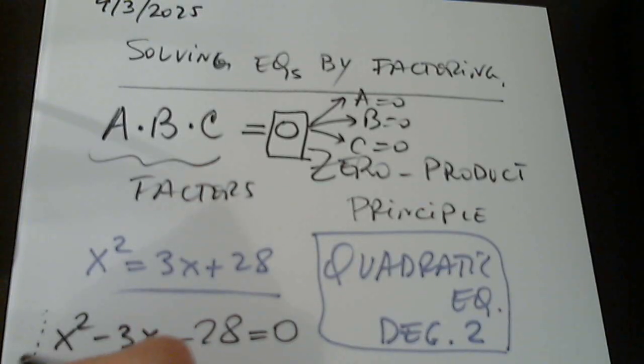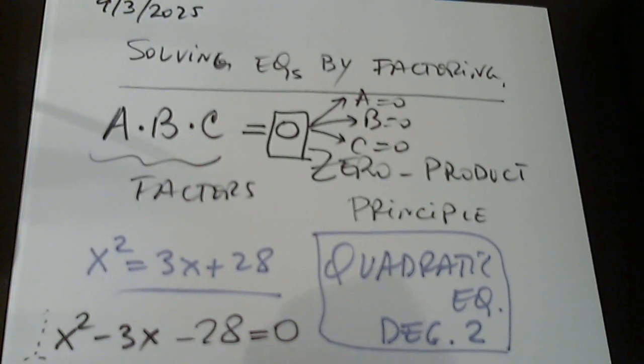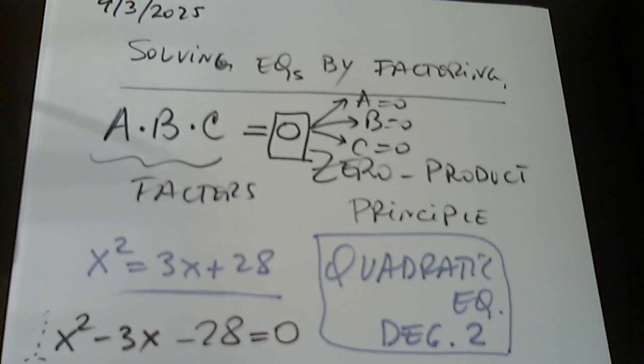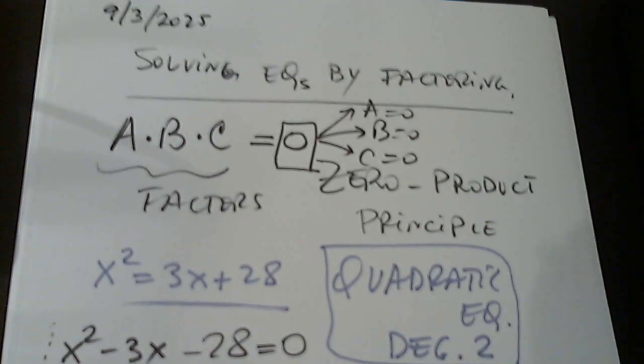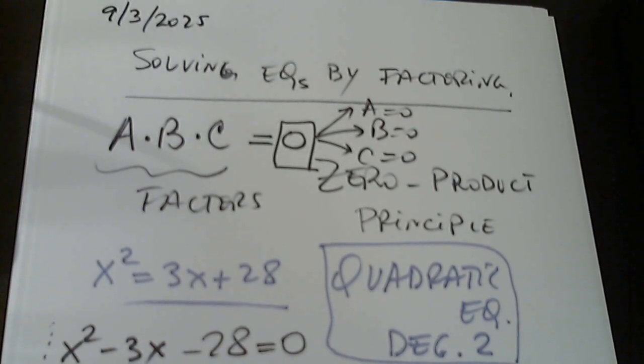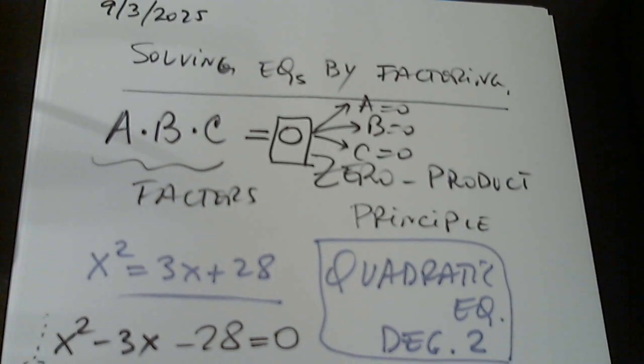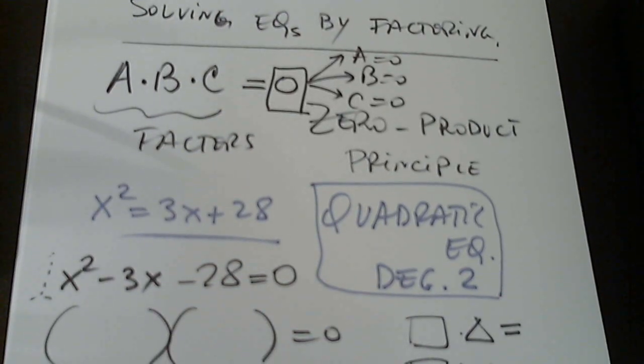So then we need 2 numbers whose product is, can anyone give us the product? And the same numbers whose sum is. The product is 28, careful, or negative 28. Yes, sorry.